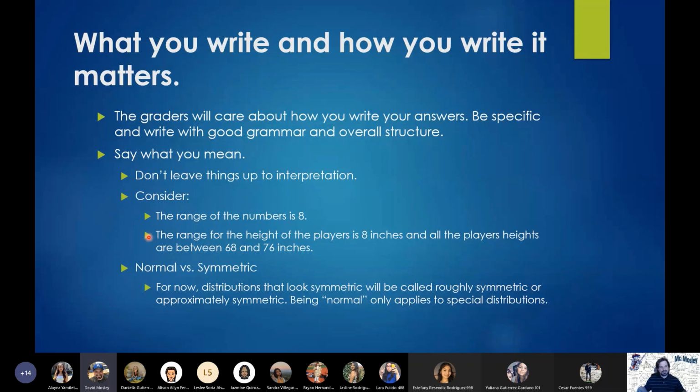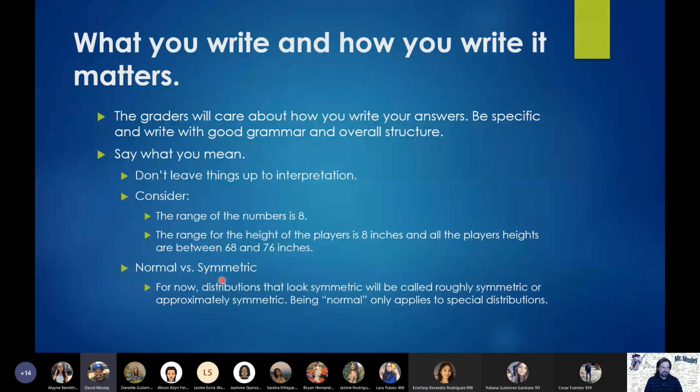We've written a nice sentence, providing details. So the second sentence is considered a better answer. They both have the same information, but one is considered better than the other. So you have to consider that when you're writing your answers. And with me, it's practice. You're practicing how to write these things well.